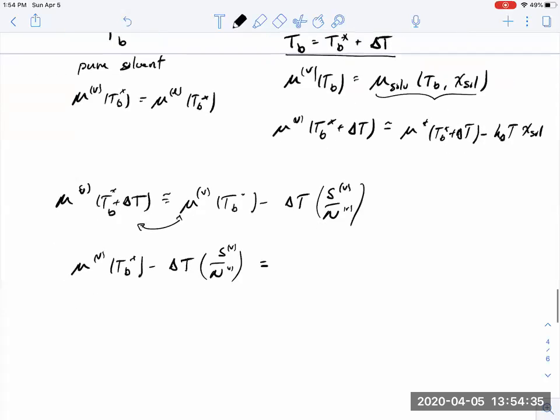That then has to equal the chemical potential of the liquid. If I make a change due to change in temperature, it has a delta T entropy per particle for that change. And in addition, there's the contribution from the solute.